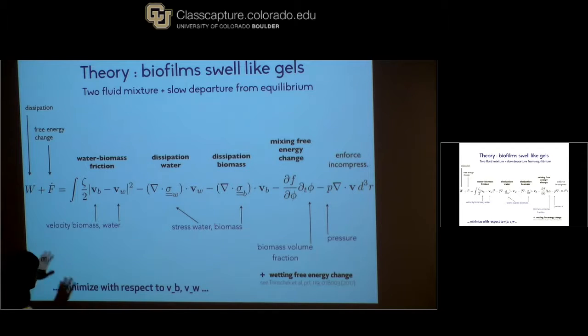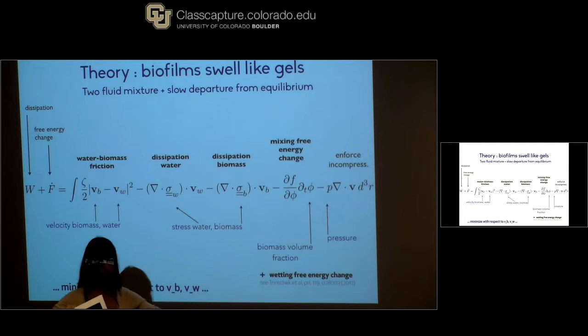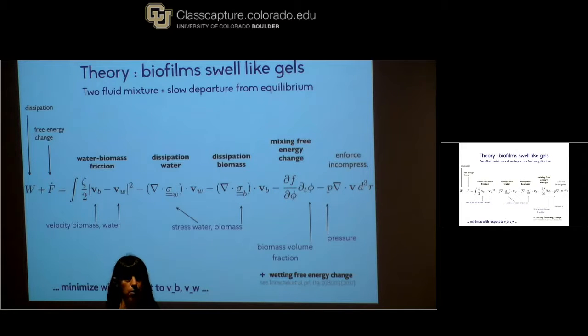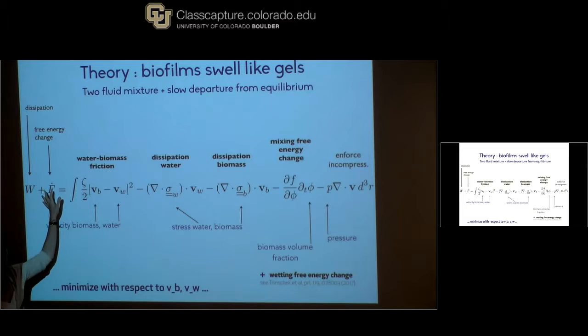So assuming that this biofilm is made of two fluids, the biomass and the water, you can write down a complex functional, which is called the Rayleighian, which is the dissipation plus the free energy change.